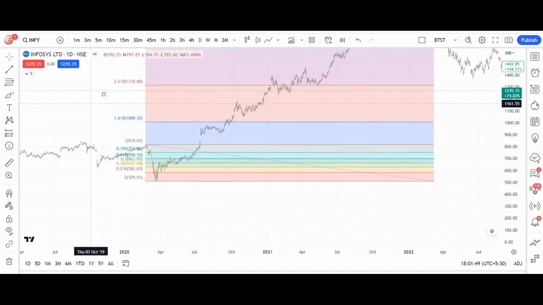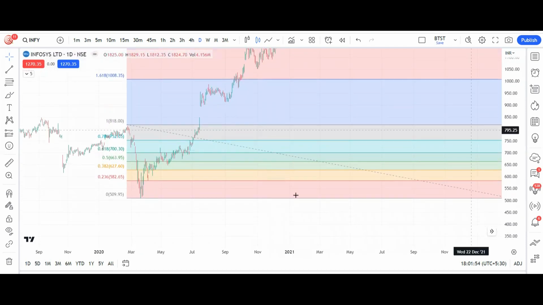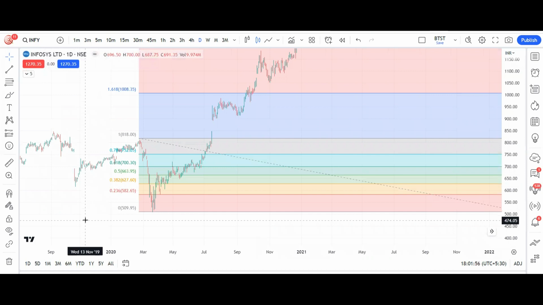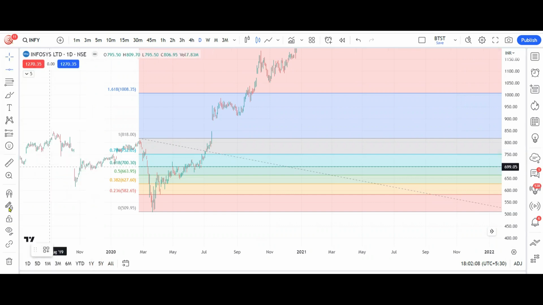Now, how do you understand the value point? These lines are your value. So let's go and draw the lines. I can take the horizontal line here.